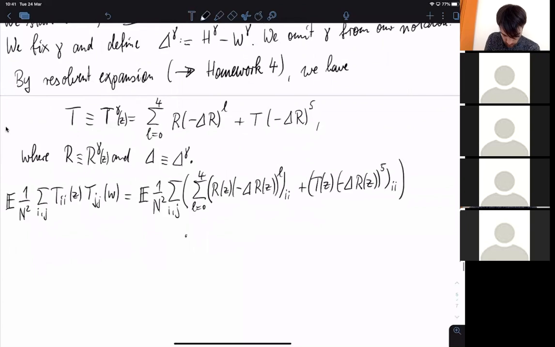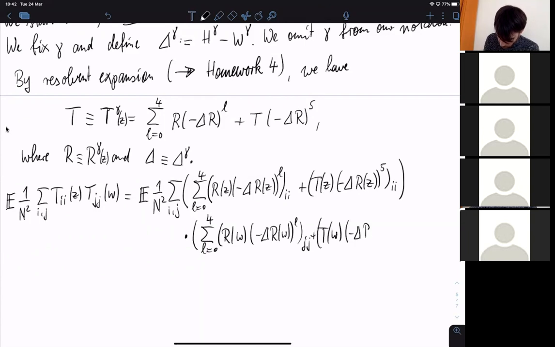This whole thing in the sum is multiplied with the same thing where ii is now jj: the sum of (R(w) minus delta R(w)) to the l, jj entry, plus T(w) times (minus delta R(w)) to the 5, jj entry. This whole thing will be equation 2.